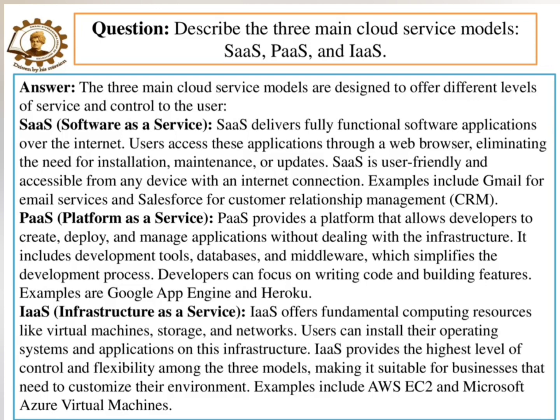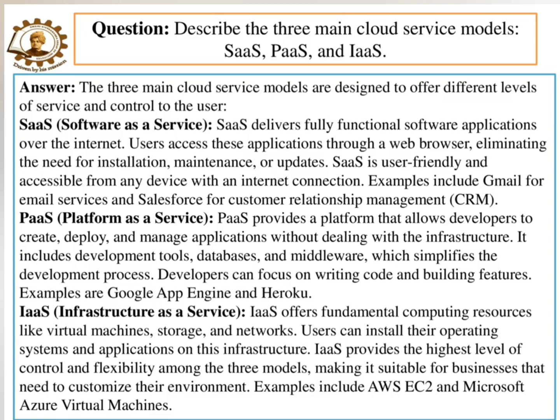Now, let's study about platform as a service. It provides a platform for developers to deploy and manage their applications. It essentially rents out a development environment with tools, programming languages, databases, and servers. Developers can focus on building their applications without worrying about managing underlying infrastructure.